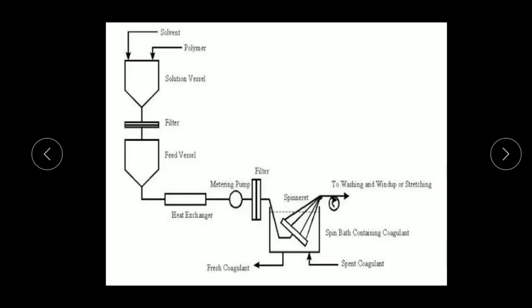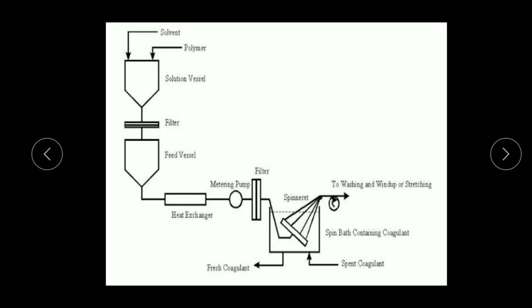The figure shows the wet spinning polymer process. As we can see, this is the solution vessel, which contains the polymer materials in wet form. The polymer is in the form of powder and the solvent is in the form of liquid.